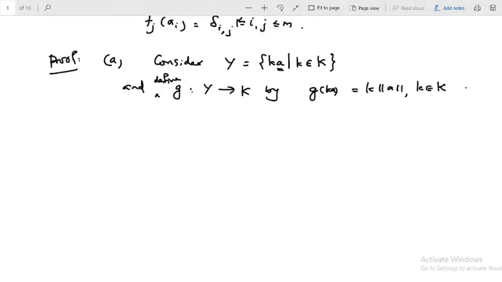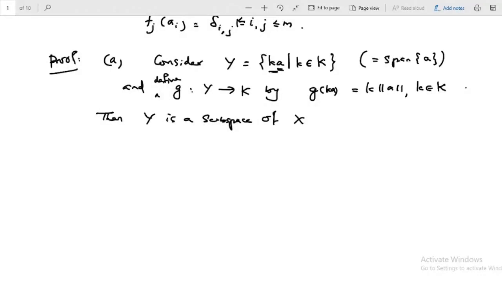Then Y is a subspace of X. This can be proved very easily. Directly, Y is a subspace of X because it is spanned by a. Actually, Y is the span of the set {a}. Okay, that is a subspace.